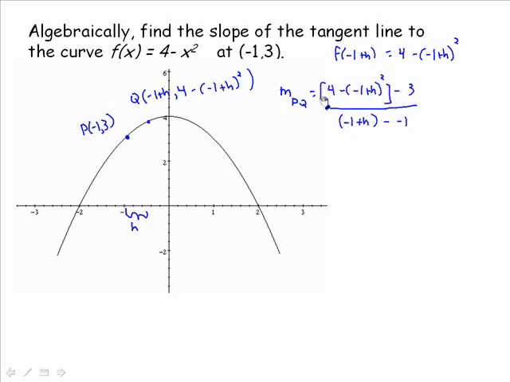I'll put brackets around that numerator. You don't really need them, but I'll keep it clean for now. So we go on. This turns into 4 minus, when you expand negative 1 plus h, you get positive 1 minus 2h plus h squared, and then this is minus 3. The denominator, negative 1 plus h plus 1, will leave you with h again.